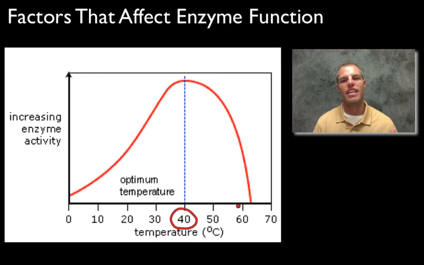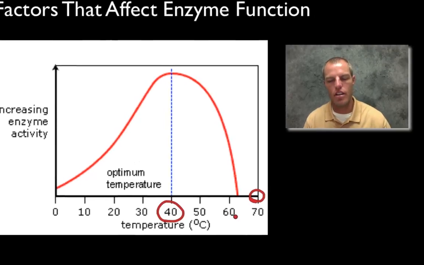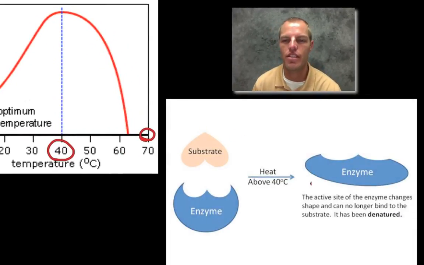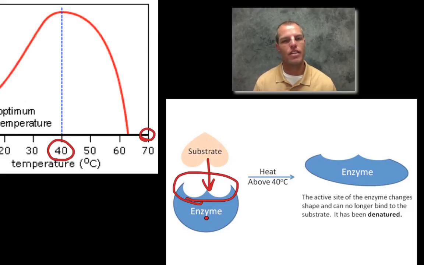What we call that is enzyme denaturing, which means that enzyme is going to denature. So what do you think's happened with enzyme functioning here at 70? Well, there is none. The enzyme is denatured, meaning it's no longer able to work. And so if I pull up this little diagram here for you to see this, when the enzyme is right around 40 or just slightly below, you'll notice here we have our substrate which can attach to this active site on this particular enzyme, and the reaction takes place.